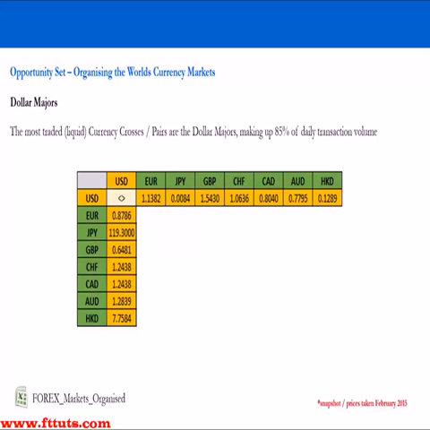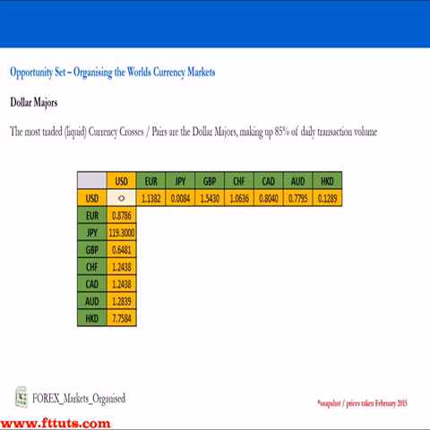The dollar majors are termed majors because it's all the major currencies quoted against the US dollar. And these make up 85% of daily transaction volume in the Forex markets globally. When we look at the major currencies, so we look at euro, yen, sterling, Swissy, Canadian, Aussie dollar, Hong Kong dollar, when you look at the major currencies against the US dollar, these are the ones that make up the vast majority of daily transactions.